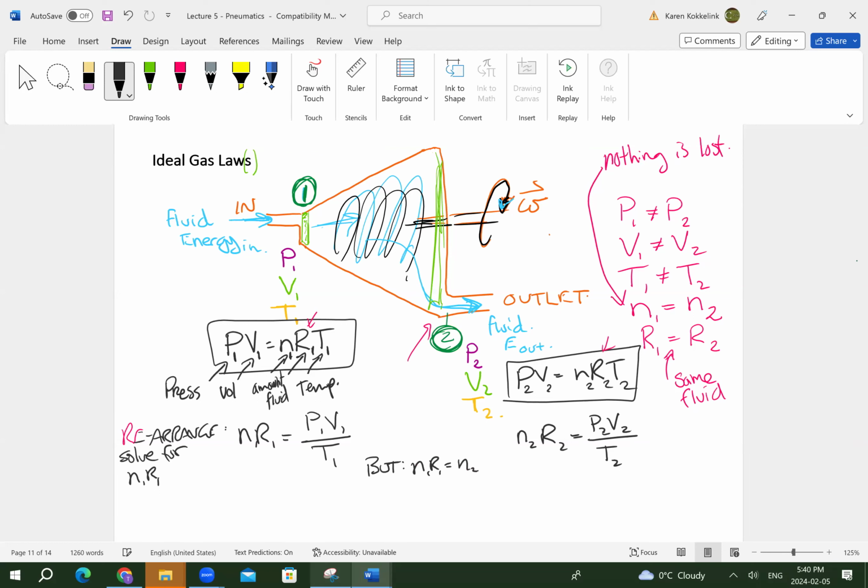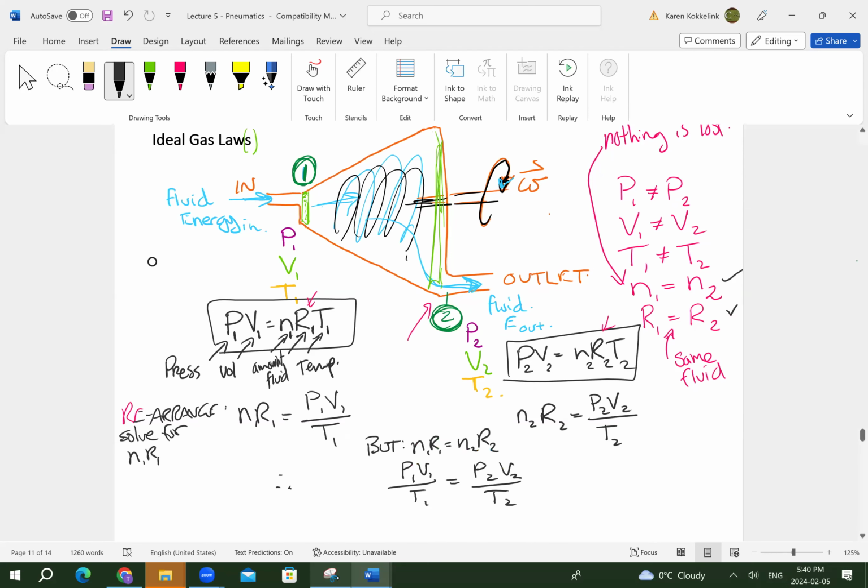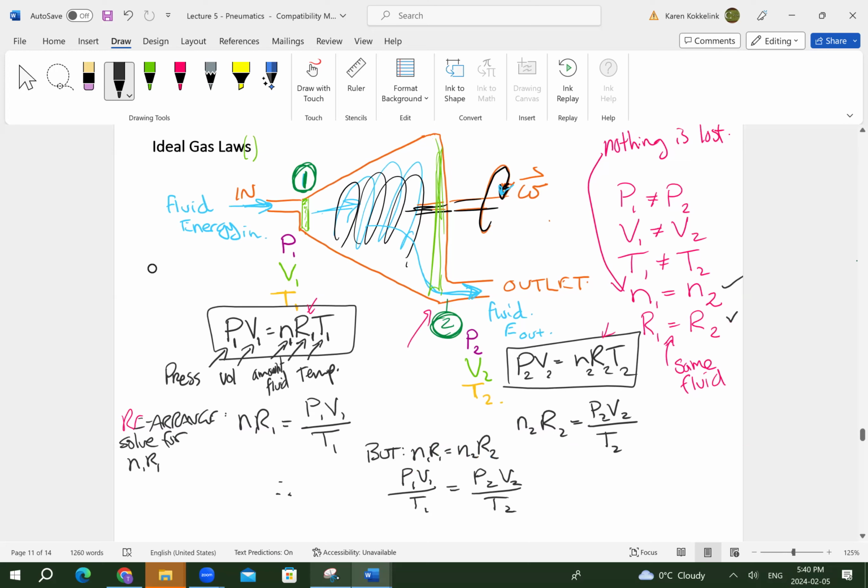But N1R1 equals N2R2, we said, because N1 equals N2 and R1 equals R2. Therefore, P1V1 over T1 must equal P2V2 over T2. So in a way, I'm sort of deriving, or at least illustrating, the ideal gas law, and illustrating that the relationship between the pressure, volume, and temperature relates in this manner here.